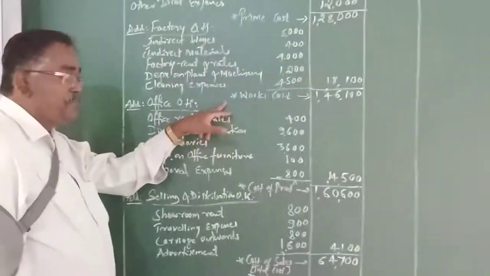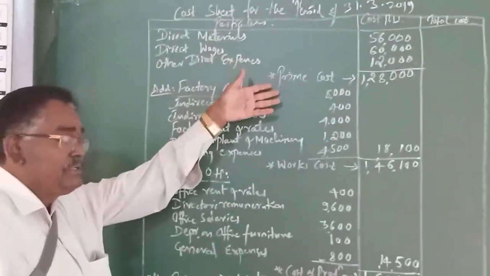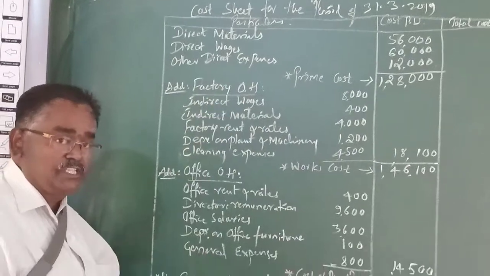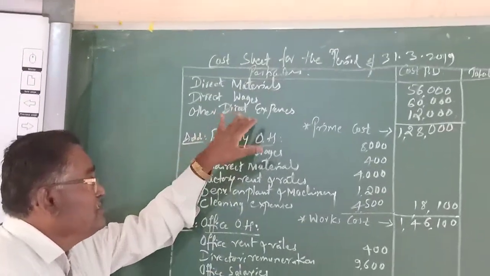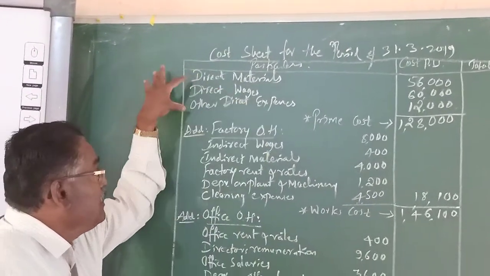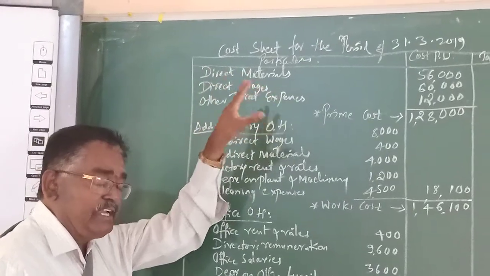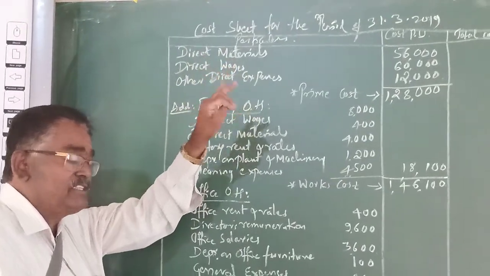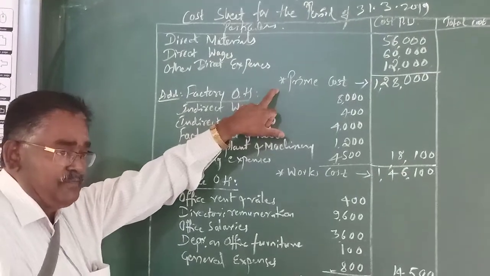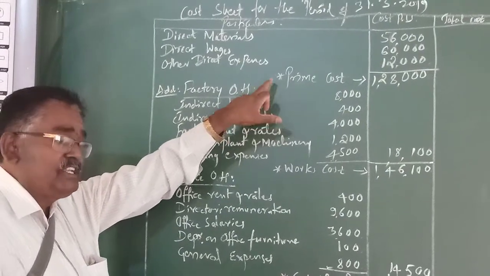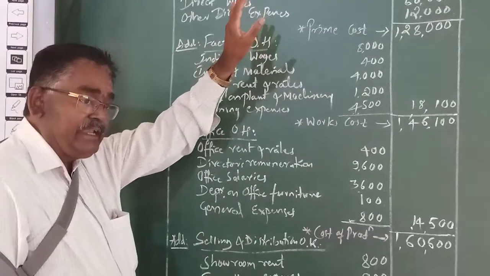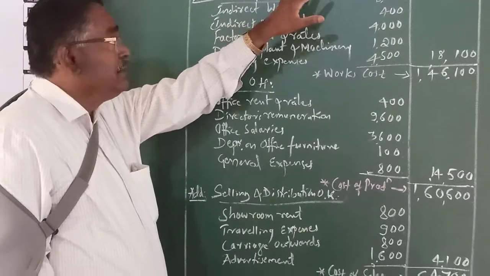In this case, as I have given in the format of cost sheet, in the preparation of the cost sheet, first we shall take all the direct items, direct material, direct labor and direct expenses under prime cost. The prime cost is nothing but the total of all direct material, direct labor and direct expenses.